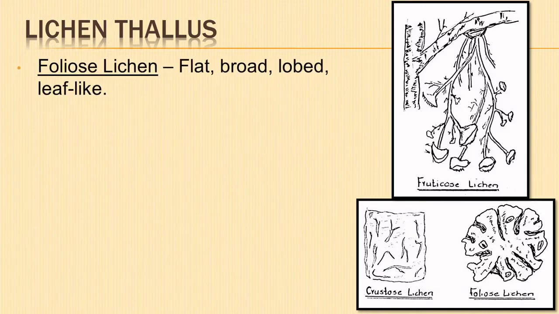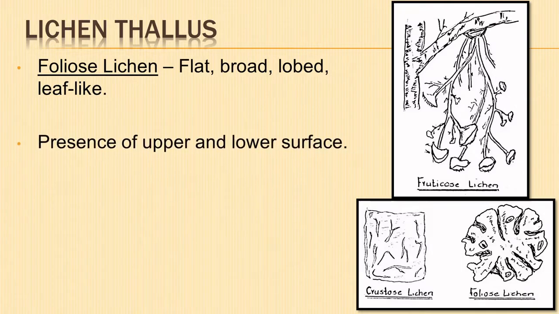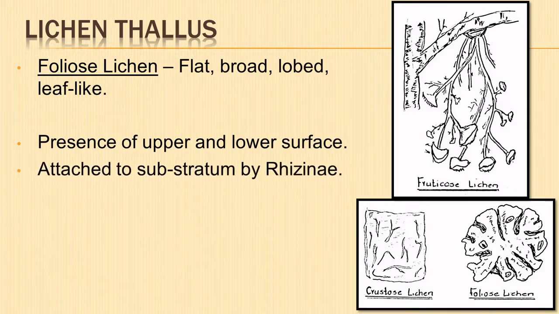Foliose lichens: the thallus is flat, broad, lobed and leaf-like. It has a distinct upper and lower surface. The foliose lichen thallus is attached to the substratum by rhizoid-like structures called rhizinae, which are present on its lower surface.